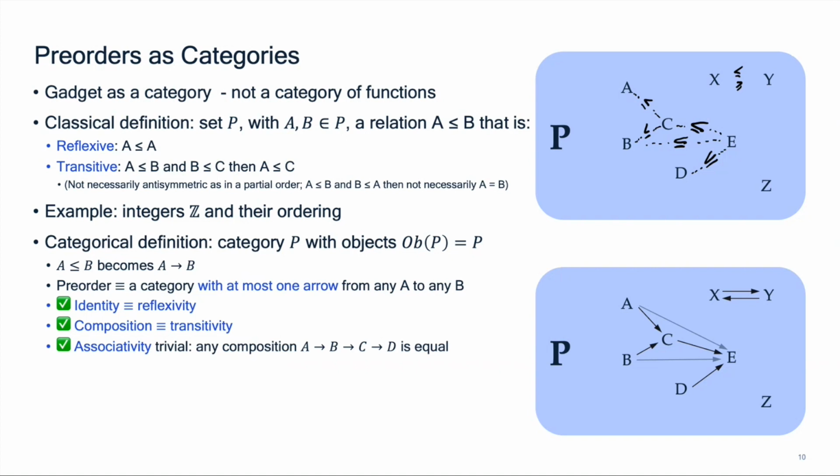Whereas in a partial order, and for example, the integers are partial orders, things can be smaller and equal than each other without being identities. So you can have cycles, and in category language, that means that they're isomorphic, that there's an arrow and you can go back and that's equivalent to going into a circle.